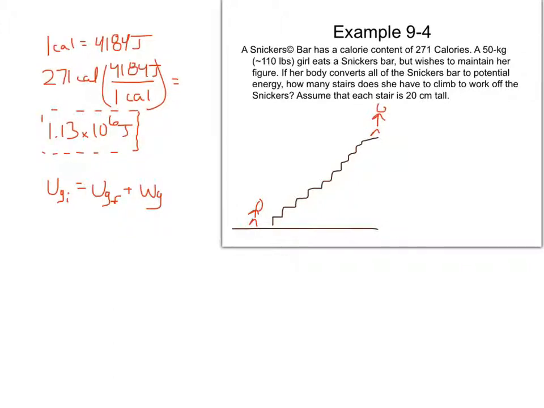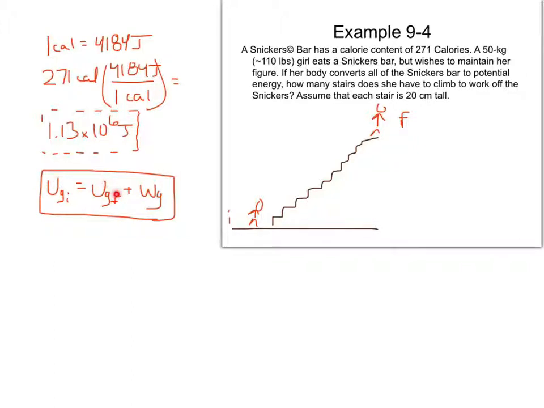Where does she have more potential energy? Okay, this is our initial. This is our final. Well, I think you probably agree that at the top right here, she has more potential energy. If these stairs ended right here, she would have the potential to fall down, right? So there's greater potential energy here than here. So if we look at our working equation right here, if there's greater potential energy finally than initially, then what does this mean?